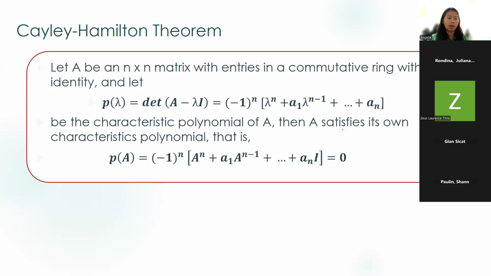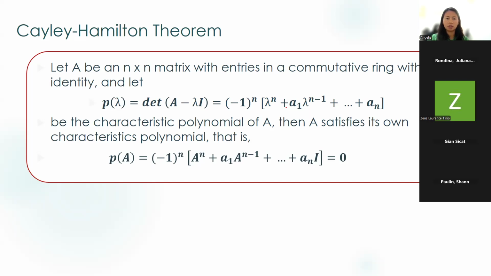So we let A be an n by n matrix with entries in a commutative ring with identity, and let P of lambda be equal to the determinant of A minus lambda I, which is equal to this one. So this equation now is our characteristic polynomial.